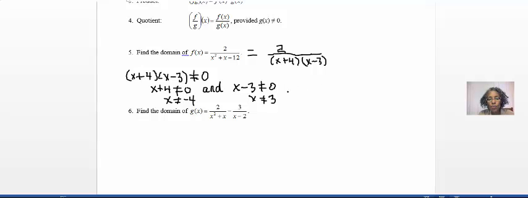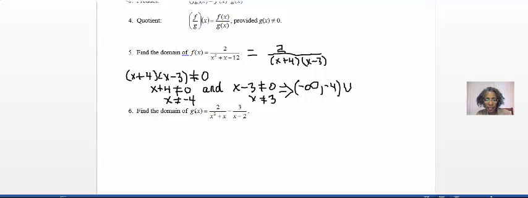When I go to find the domain and write it as an interval, it's an intersection of intervals. I need to intersect x not equal to -4 with x not equal to 3. That's the set where I leave out -4 and 3. So I go from negative infinity to the smaller of these two numbers, which is -4, and I unite that.